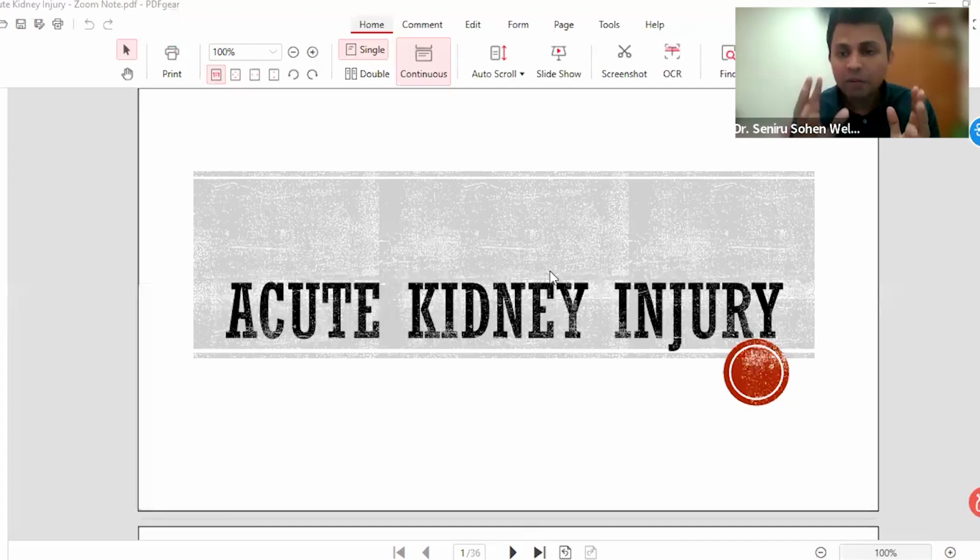Whatever the feature that is worst, we would classify the patient as being in that stage. So it's quite evident that the higher the stage, the more severe the AKI, and the worse the prognosis.